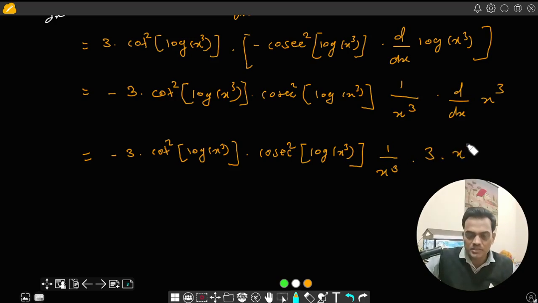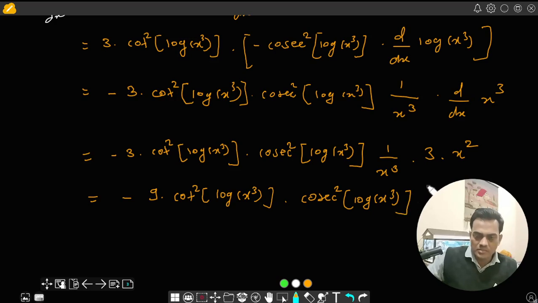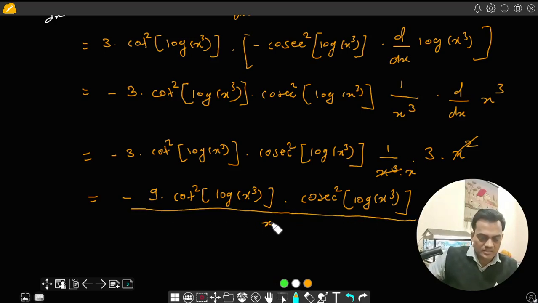Power comes in multiplication, power will be reduced by 1. So this 3 and 3 will become minus 9 cot square of log of x cube, and cosec square of log of x cube, and I think this square and this square will cut, only x will remain, so this is entire divided by x. So ultimately dy by dx is this.